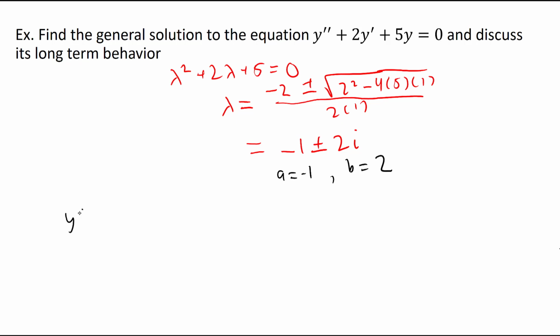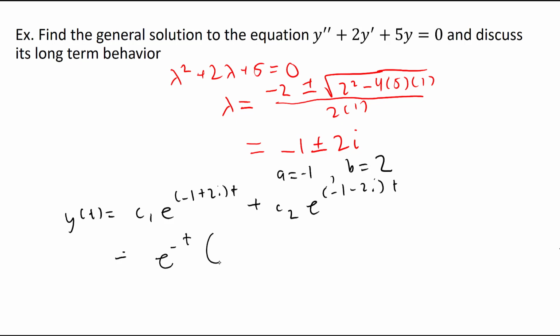So the general solution in this scenario is c1 e to the (negative 1 plus 2i)t plus c2 e to the (negative 1 minus 2i)t. And factoring out an e to the negative t, we can see that it simplifies to e to the negative t times (c1 e to the 2it plus c2 e to the negative 2it).